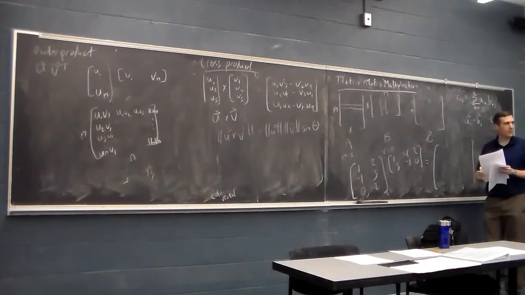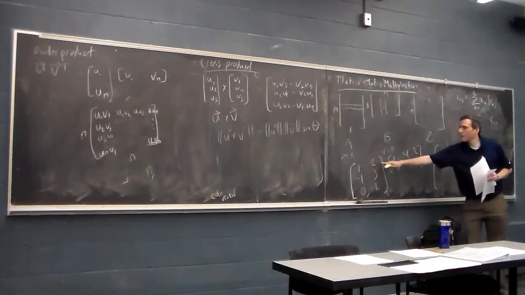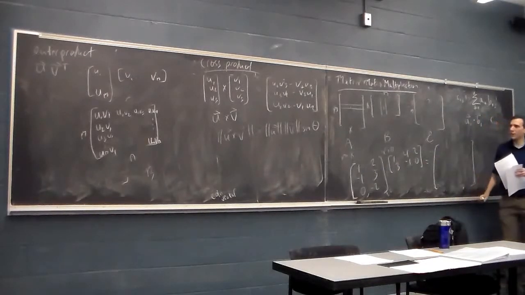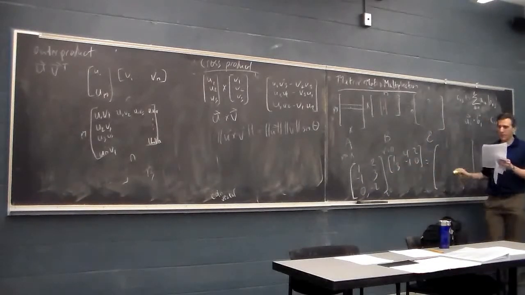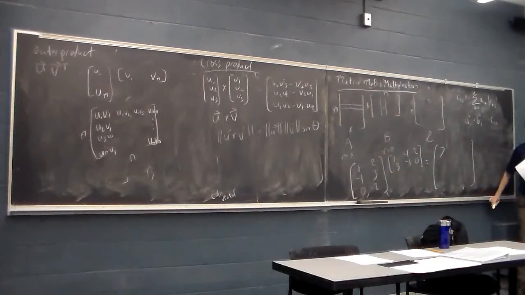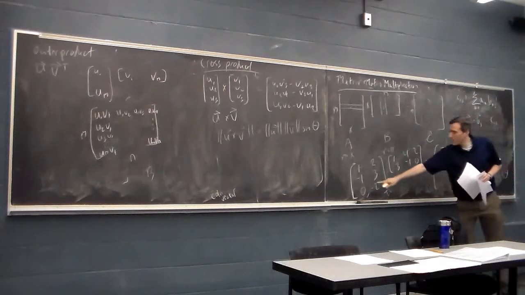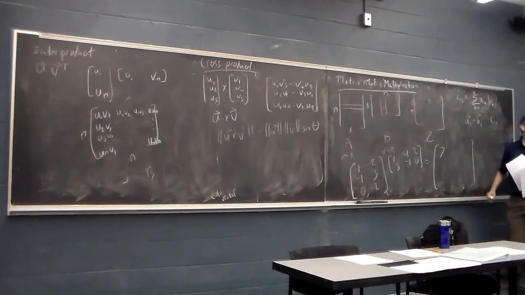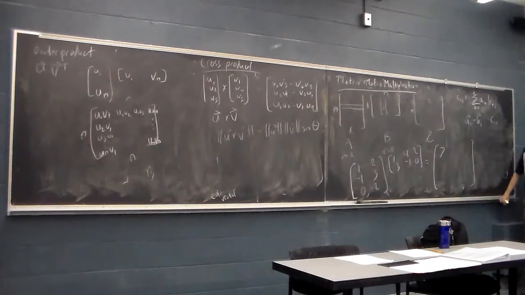Yeah, so what we would want to do is take row 1 of matrix A, column 1 of matrix B, and take the dot product of those. So that's going to be 1 times 1 plus 2 times 3, which is going to give us 7. If we want to know the next element down, that would come from taking the second row of A times the first column of B. So row 2 of A times column 1 of B gives us element 2,1 here.